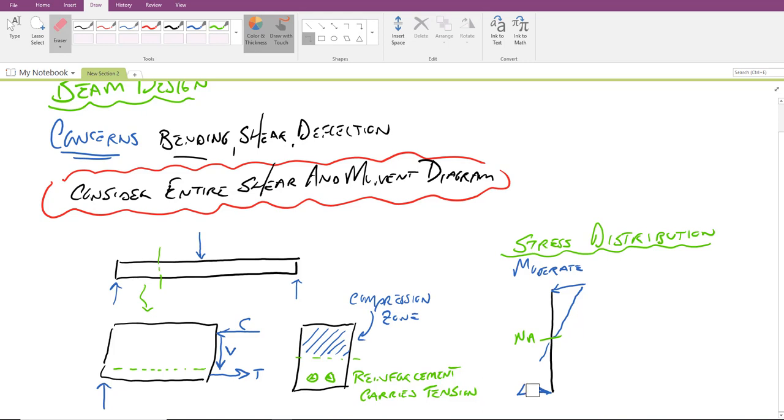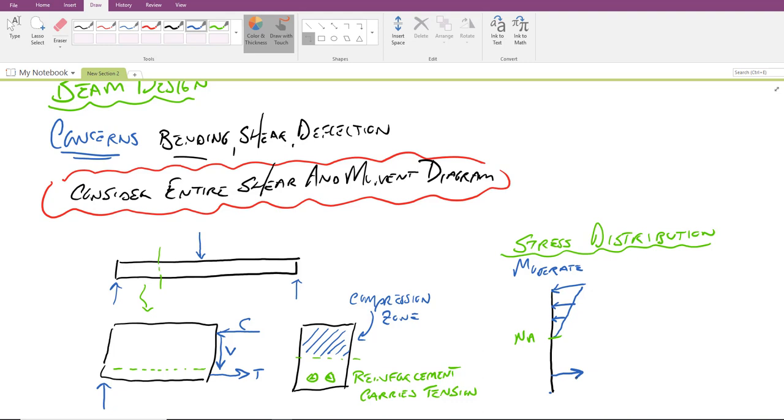But because we're dealing with reinforced concrete here, material that can't handle that, the compression zone is fine, but all of the tension has to be carried by a single force, essentially acting through the rebar.